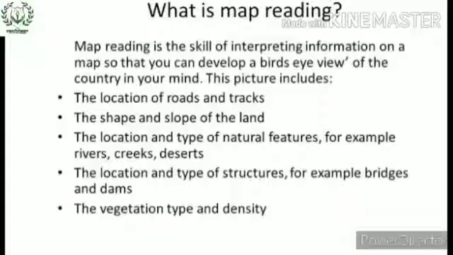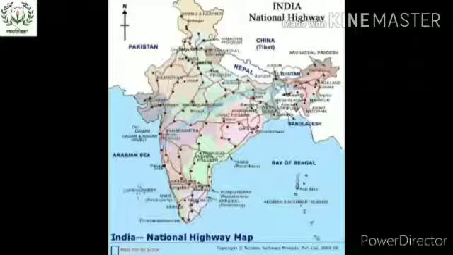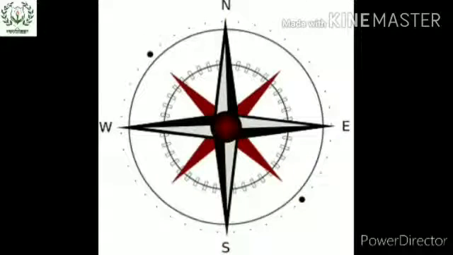The first thing we should understand when we look at a map is the direction. But it is really easy. In every map, the north direction will be shown with the help of an arrow pointing upwards. When you place a map on a table, on the top of the map is the north direction. The bottom of the map is south.